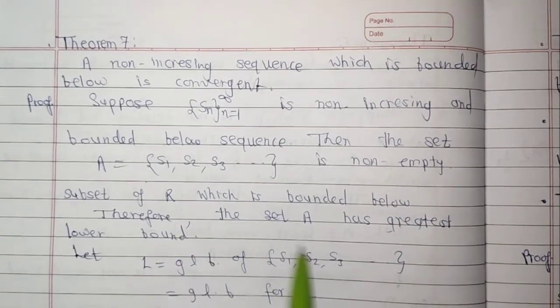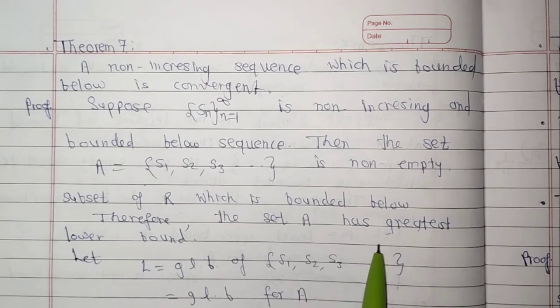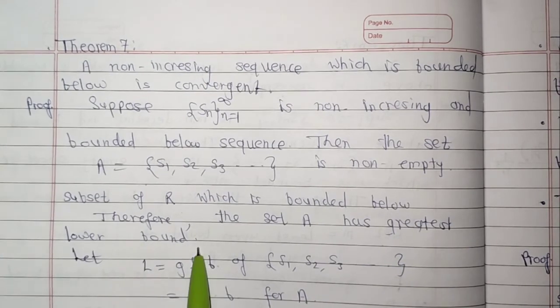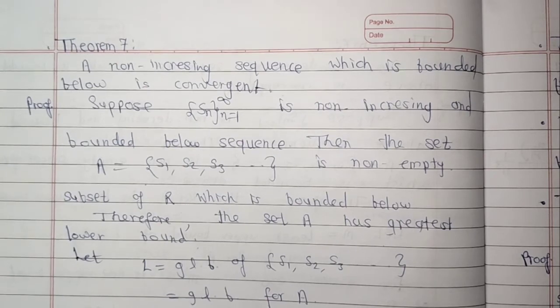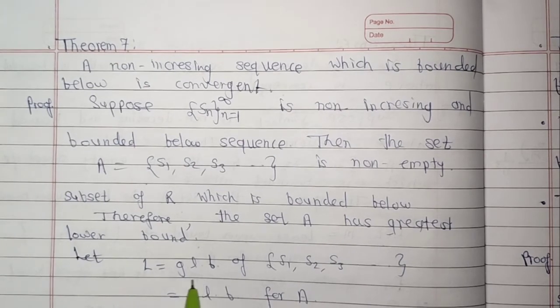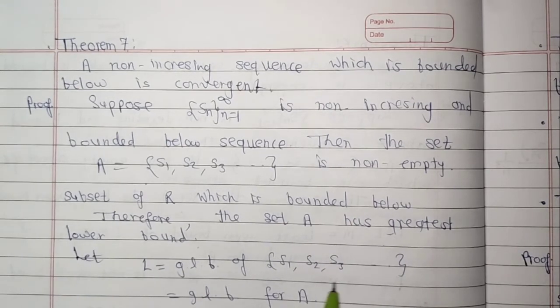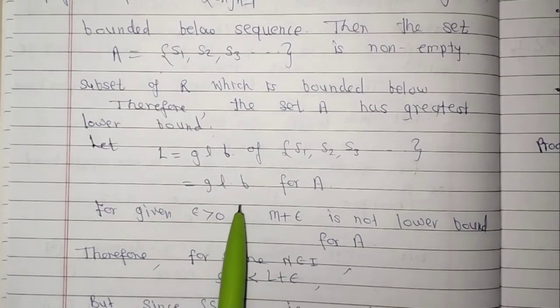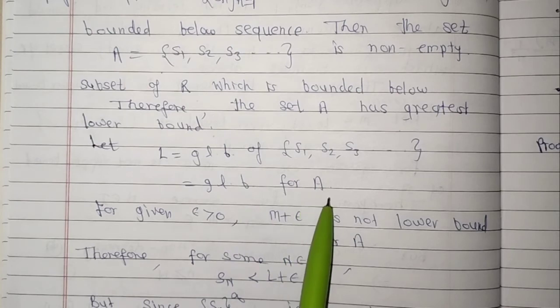Therefore, the set A has a greatest lower bound. Let L equal the greatest lower bound of the set {S1, S2, S3, ...}. Hence L is the greatest lower bound for A.